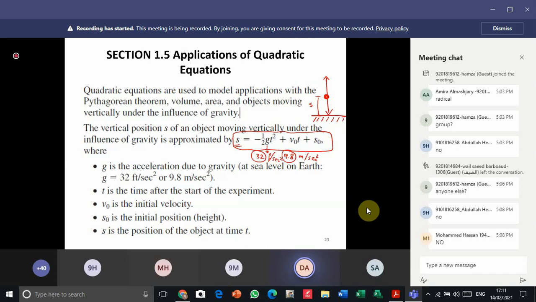This is the value of g, the gravity, the acceleration of gravity. Plus v naught. v naught is the initial velocity, the velocity with which the object is thrown. And s naught is the initial position.